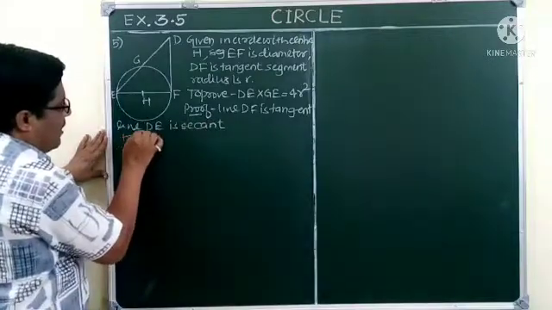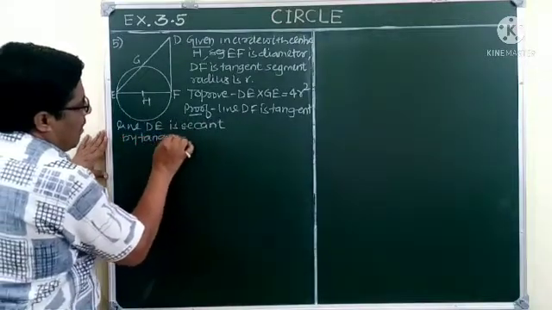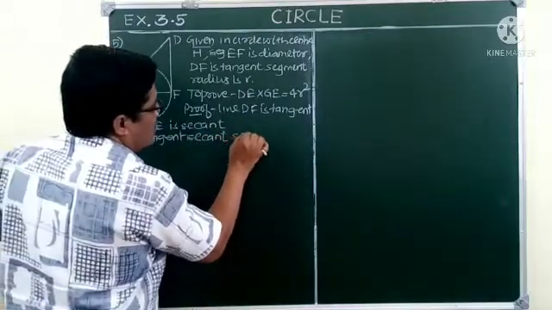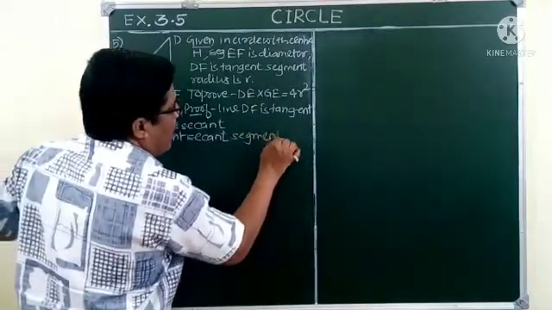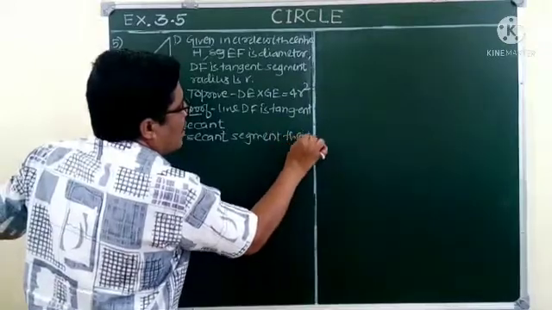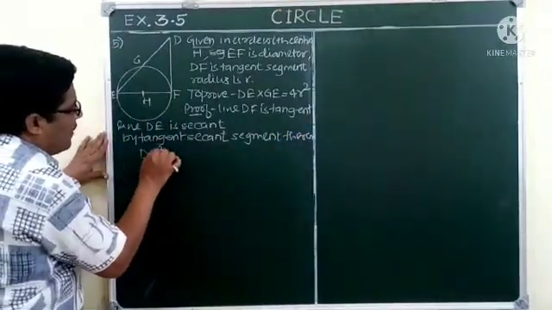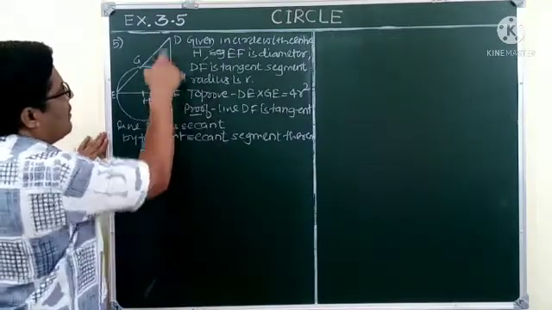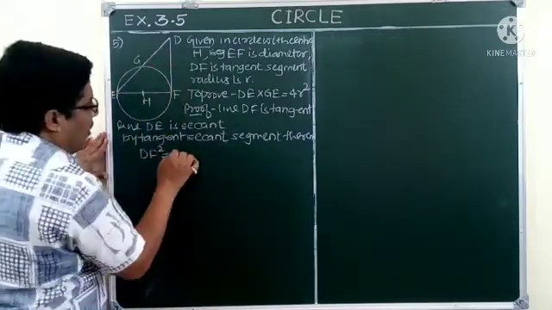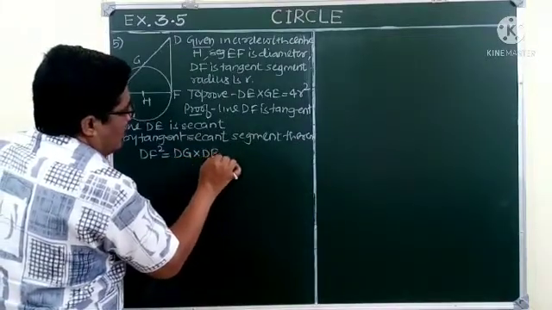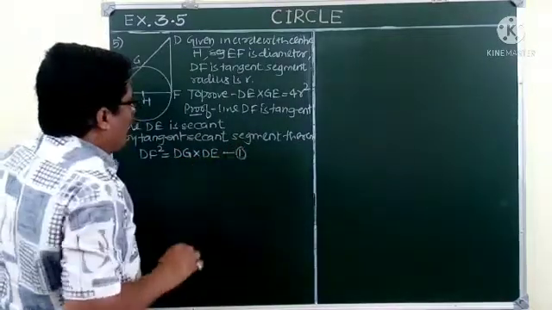Therefore by tangent secant segment theorem, we can write DF square is equal to DG into DE. DG multiplied by DE. This is step number 1.